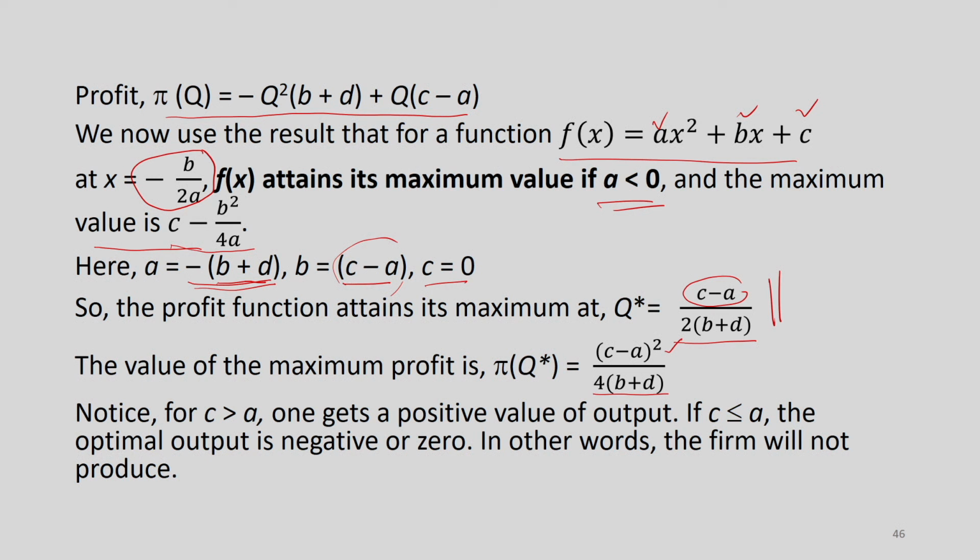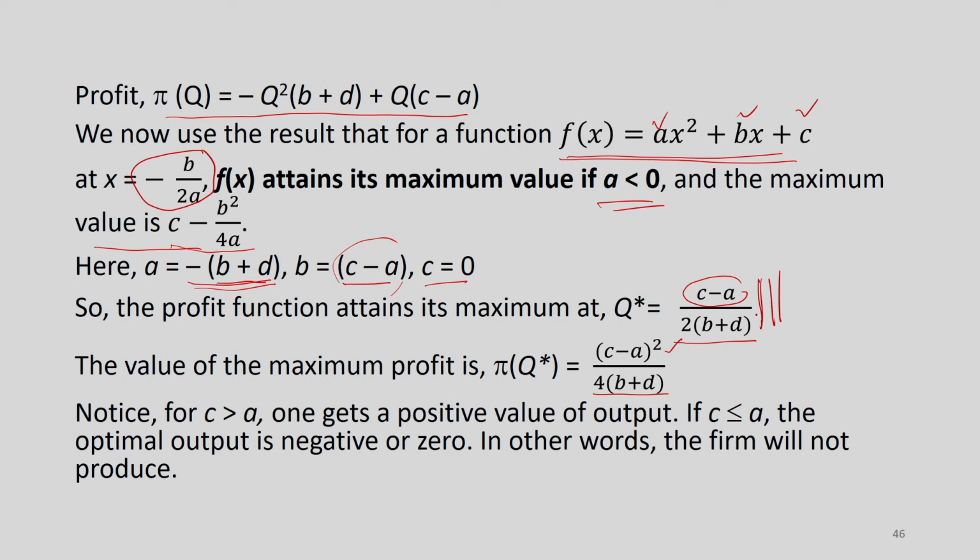We did not use any calculus or anything, we just used the basic result that for any general form of this kind there is a maximum, if A is negative, and what is the maximum value. Notice, if C is greater than A, one gets a positive value of output, right.